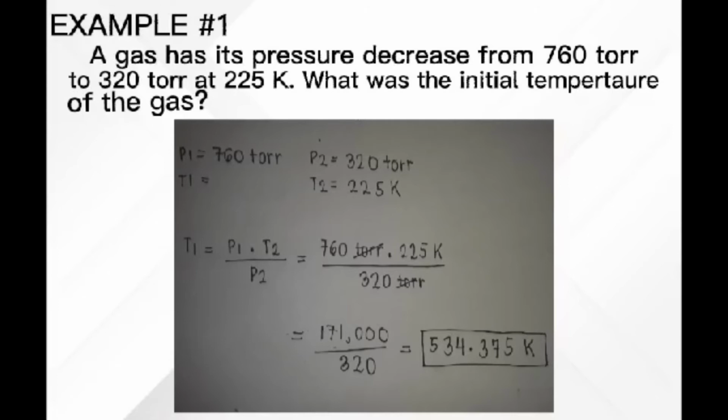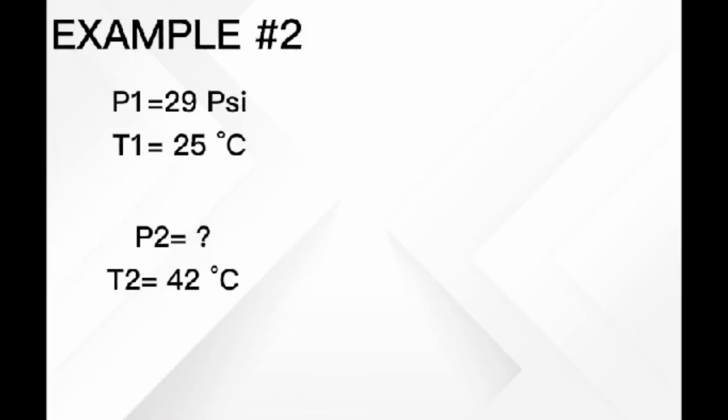First cancel out the 2 and multiply 760 and 225. We have 171,000, divided by 320. We have the final answer, 534.375 Kelvin.